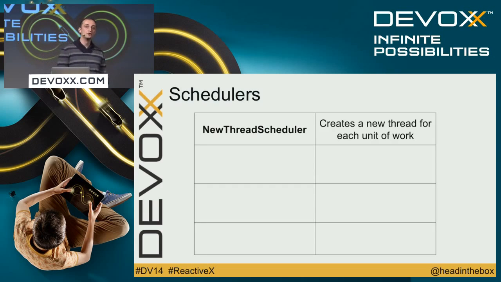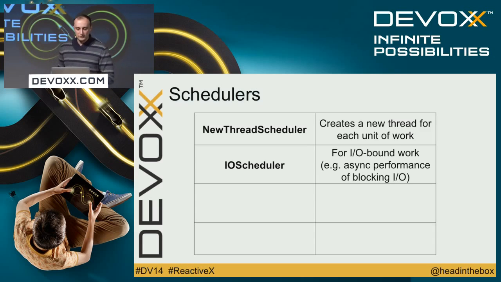So first is the new thread scheduler, and the new thread scheduler basically creates a new thread for each unit of work. Right? So you can switch to another thread and continue the handling of emitted events on that thread. With the I/O scheduler, you can also switch to another thread, but this scheduler is really meant to be used if you have some type of operation that does a lot of blocking I/O.